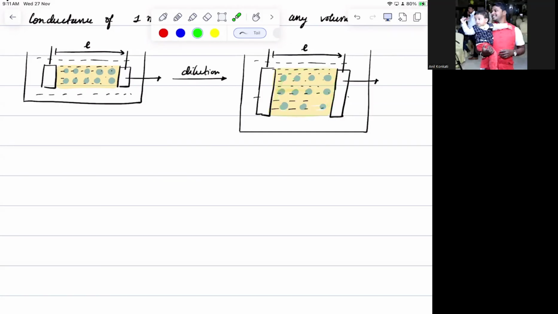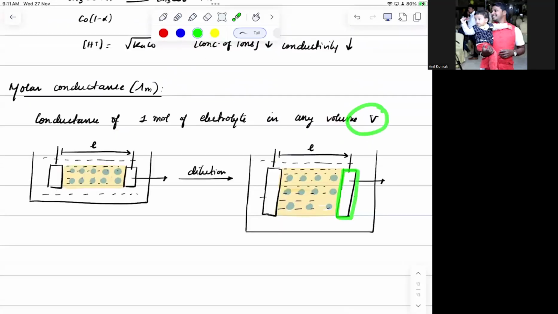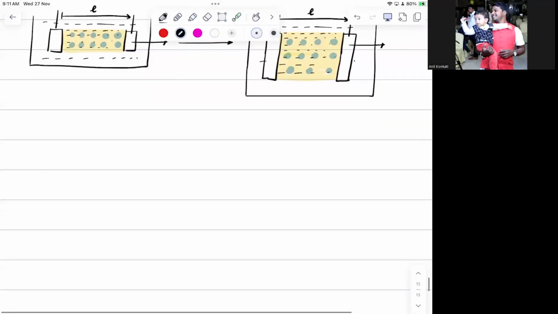Got it? So molar conductance can be used for the case where we have the same distance, but the area could be different. That's why any volume V is important, correct? The length is not changed.